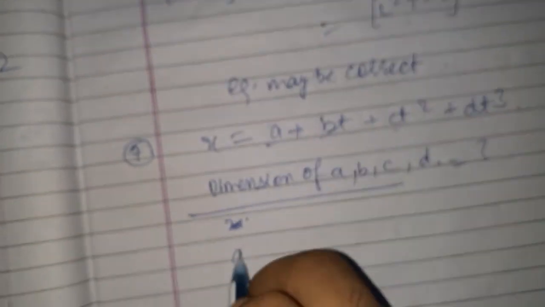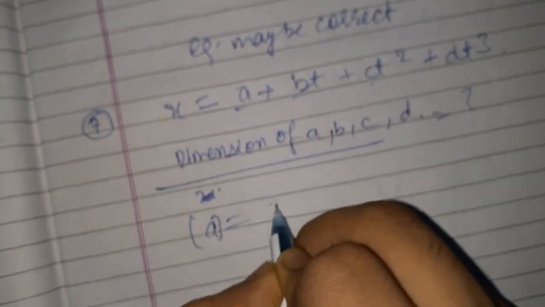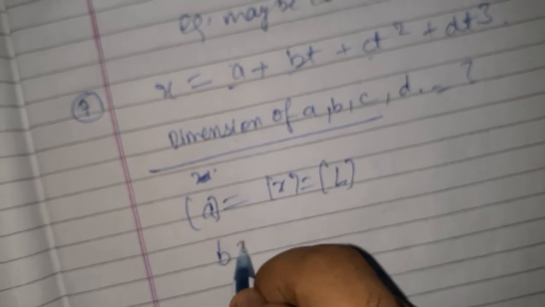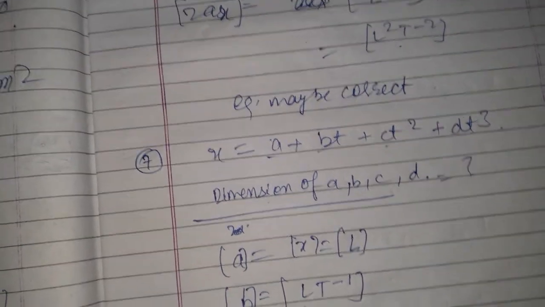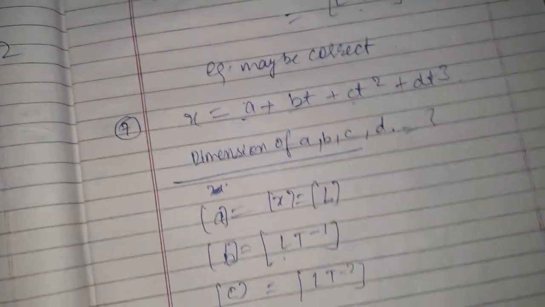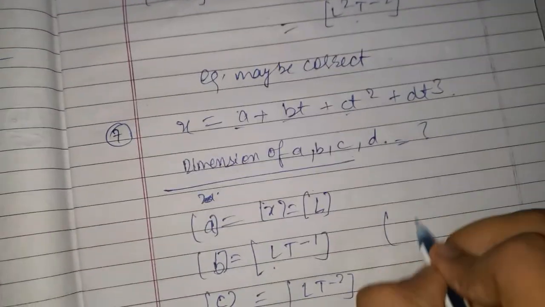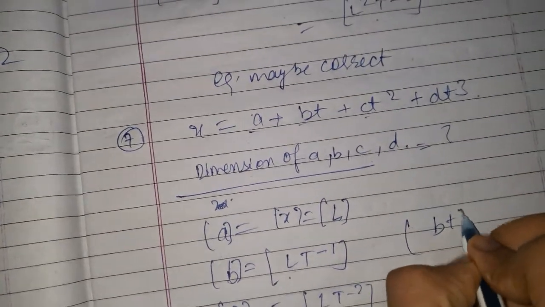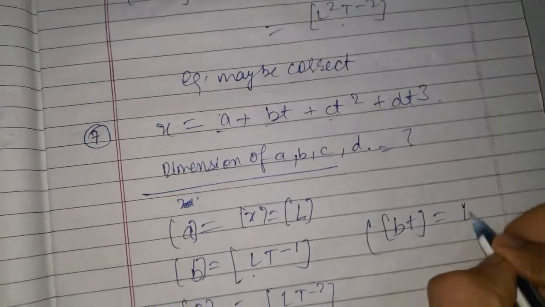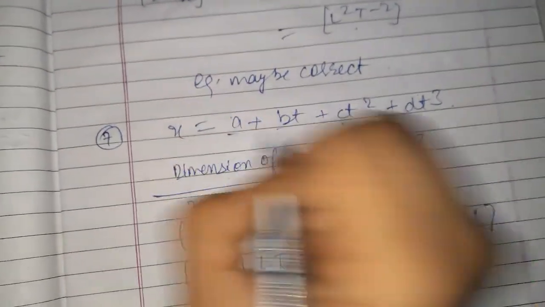So a equals the dimension of x, that is L. b equals the dimension of L by t, so L T minus 1, and c equals L T minus 2 and d equals L T minus 3, as bt dimensionally will be L, as all the terms are equal.